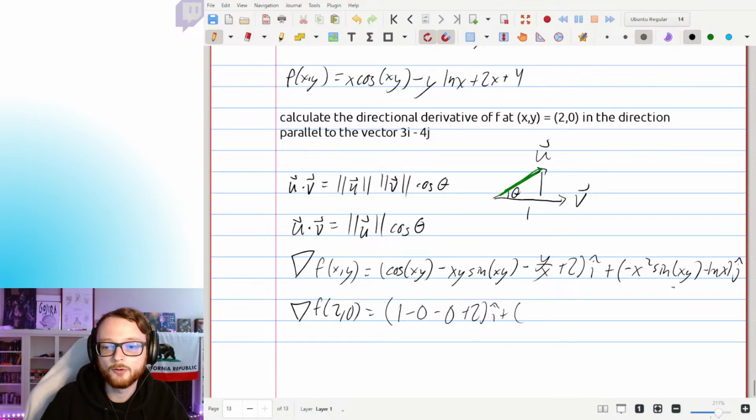Sine of 0 is 0, so that zeroes out. Ln of 2, that's just a number. So we get 3 i hat minus ln 2 j hat. That's a vector, believe it or not.